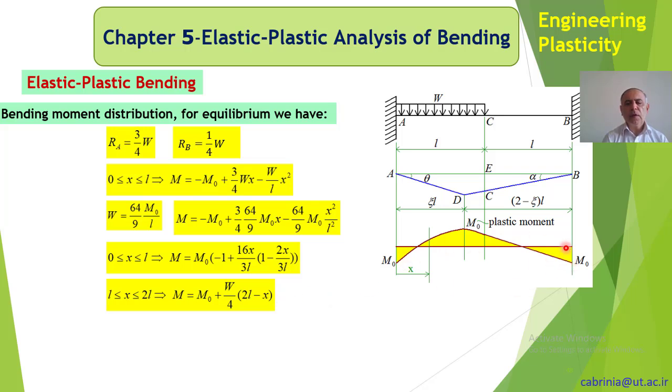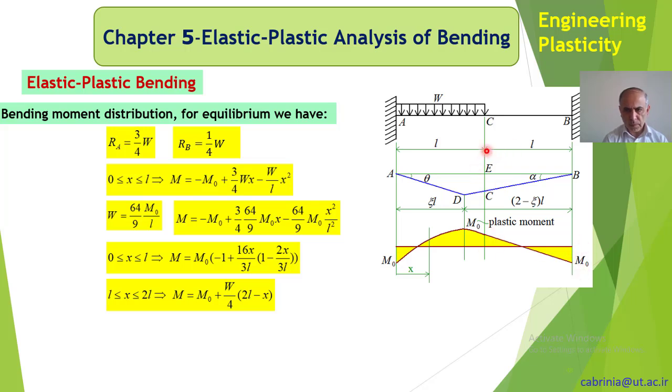MO here is positive because we have taken x from here, and W over 4 is RB times 2L minus x, and that is the moment in here.